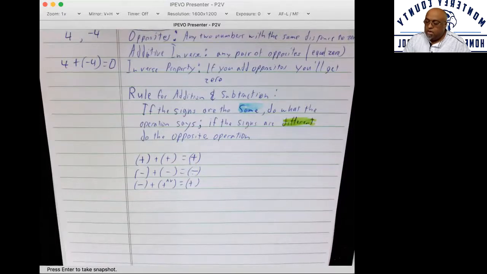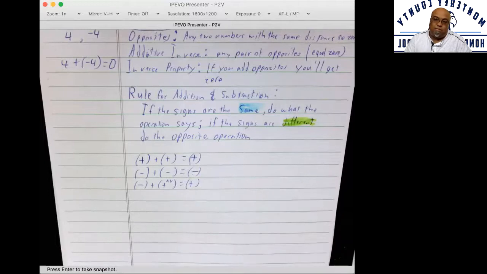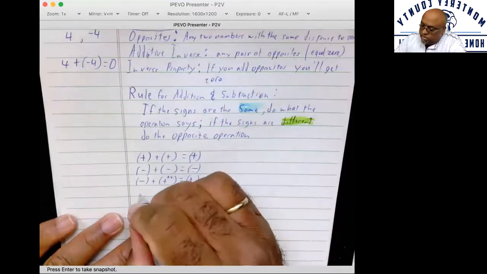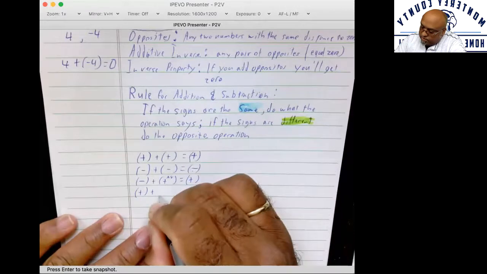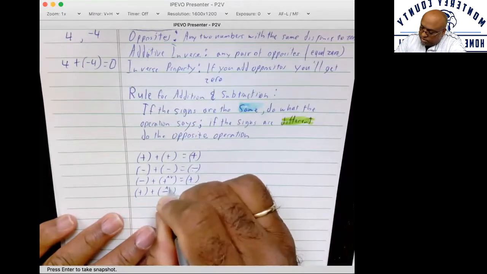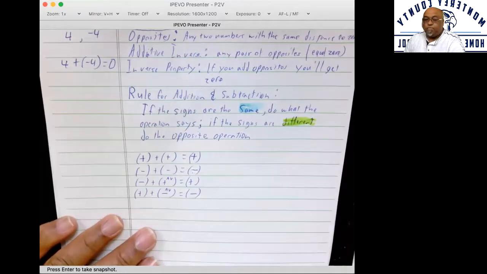Okay? Because the number with the greater absolute value is the one that is positive. Okay? Now, if I have a positive plus a negative with a greater absolute value, then my answer will be negative.